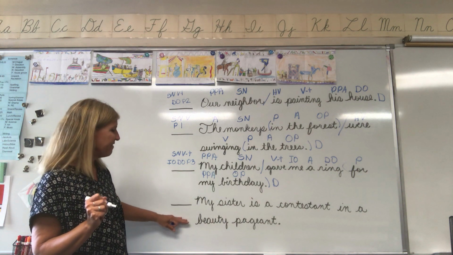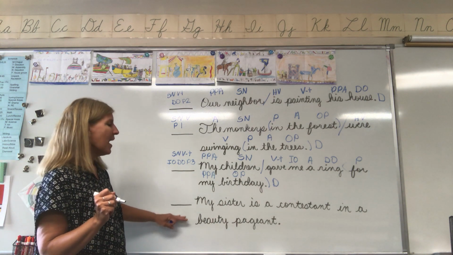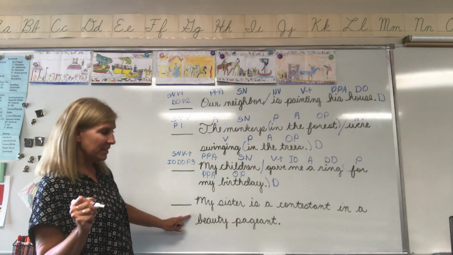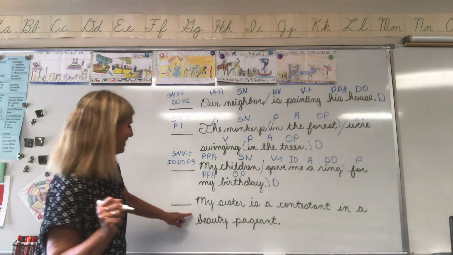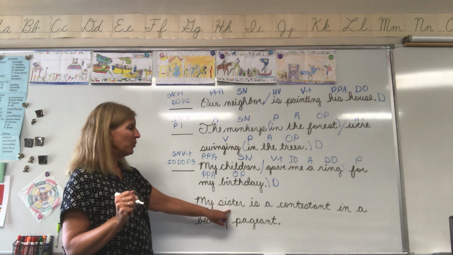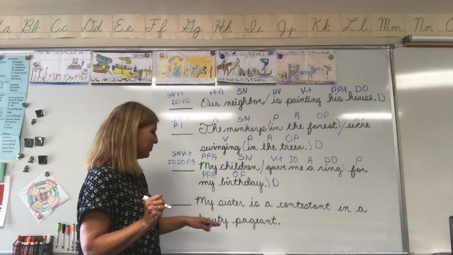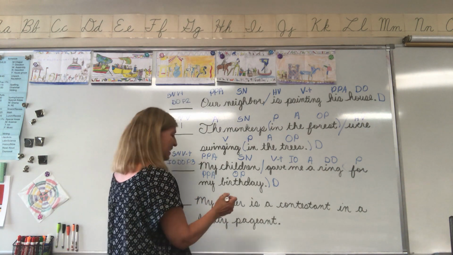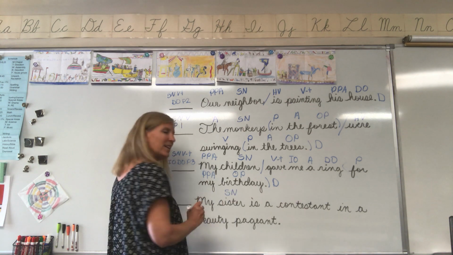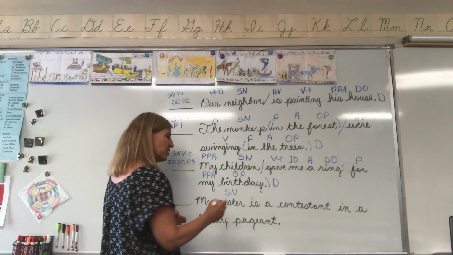Moving on now to the final sentence. My sister is a contestant in a beauty pageant. Not a true story, but it could be. She is beautiful. Who is a contestant in a beauty pageant? Sister. Subject, noun. What is being said about sister?